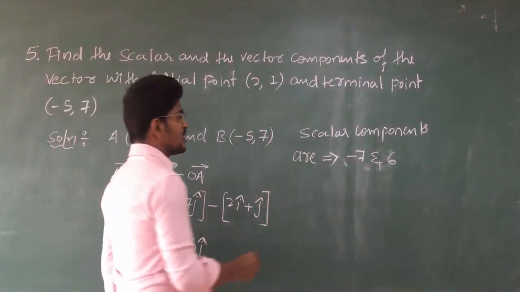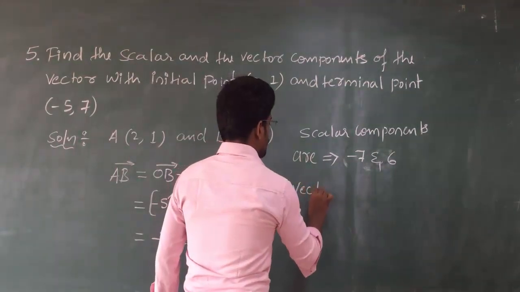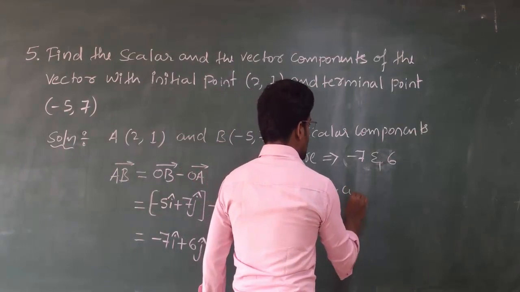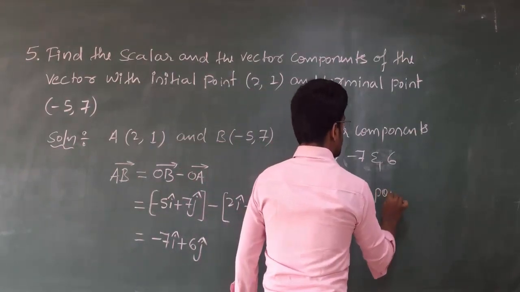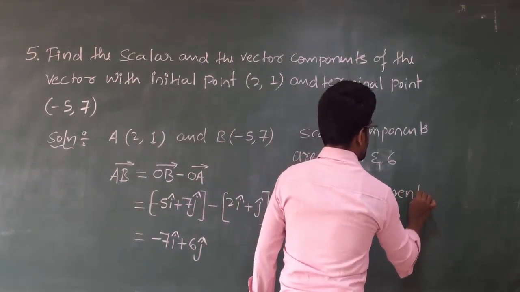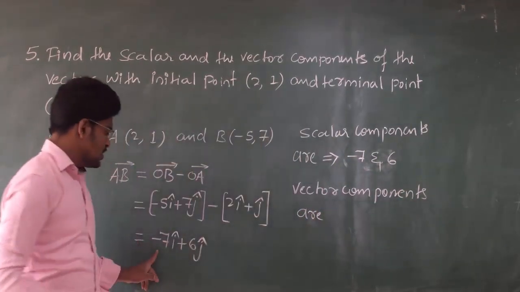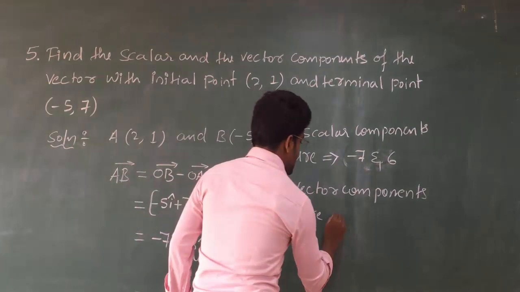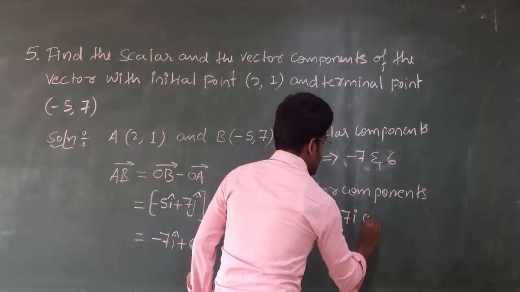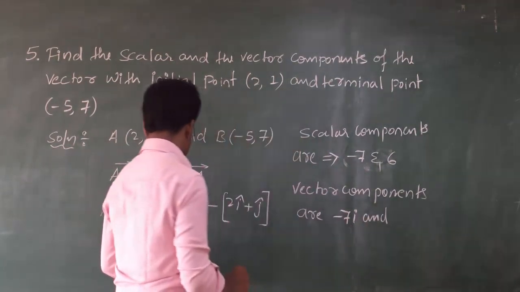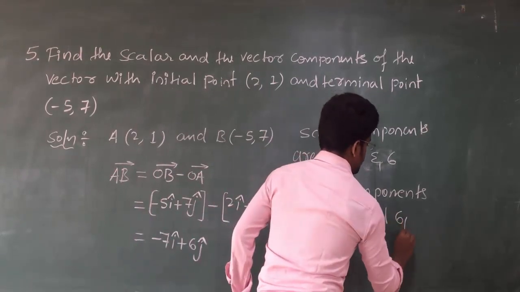What about vector components? Vector components are, see this, minus 7i cap and 6j cap.